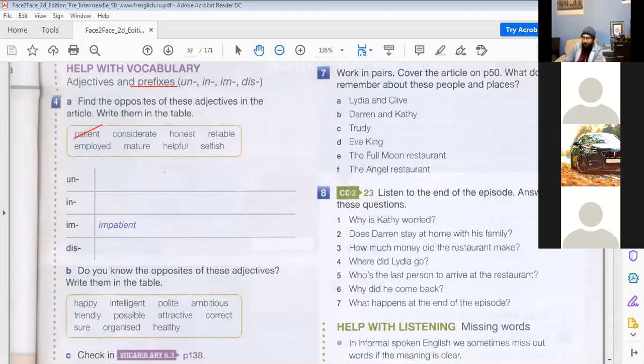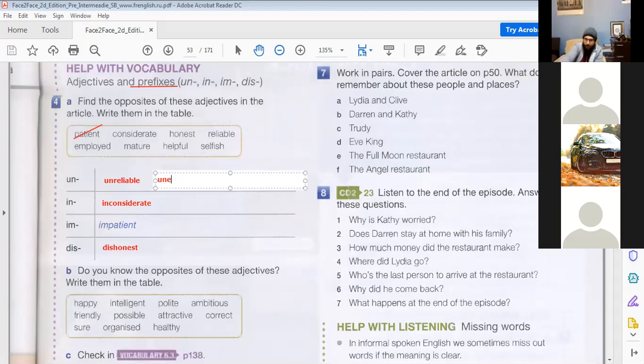Inconsiderate. That's correct. What about honest? Dishonest. Correct. Honest, dishonest. What about reliable? Unreliable. What about employed? Unemployed.